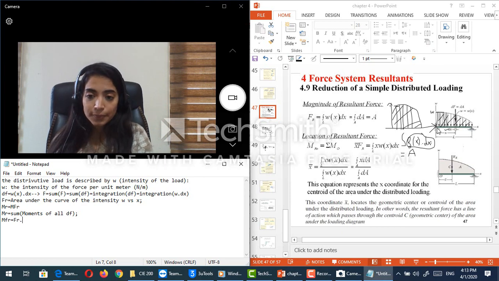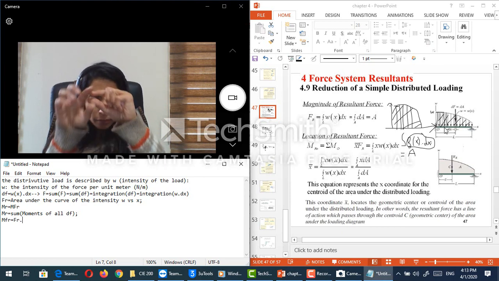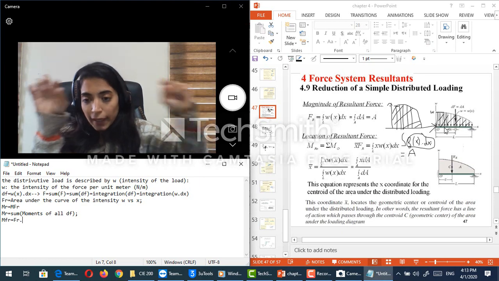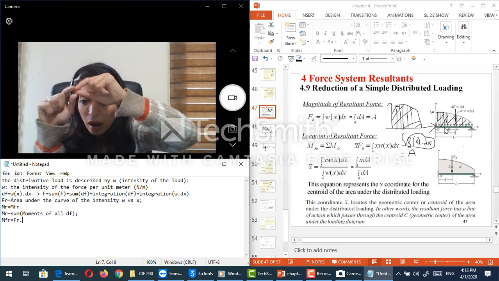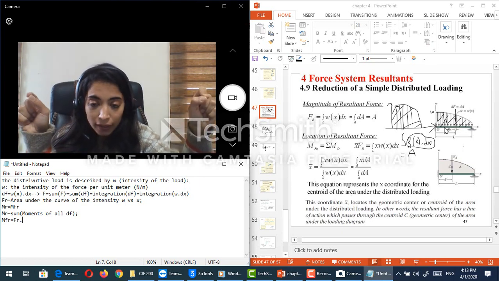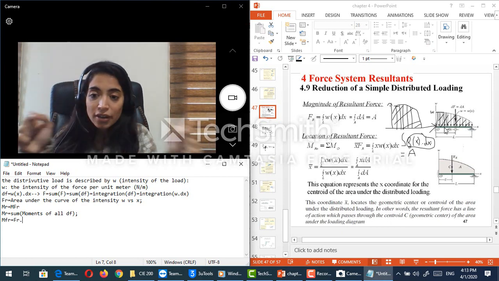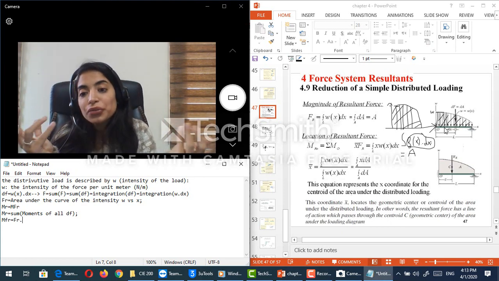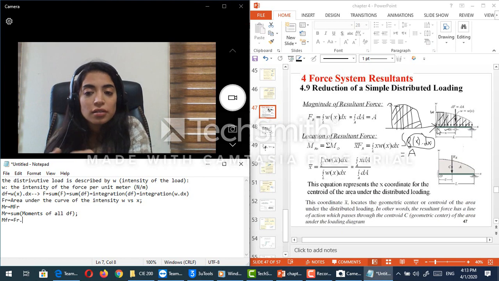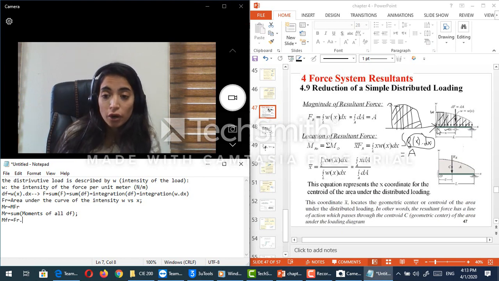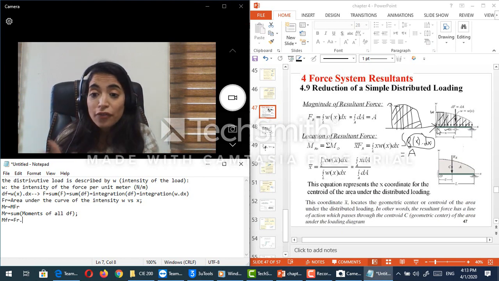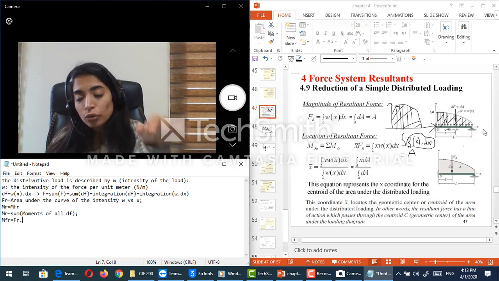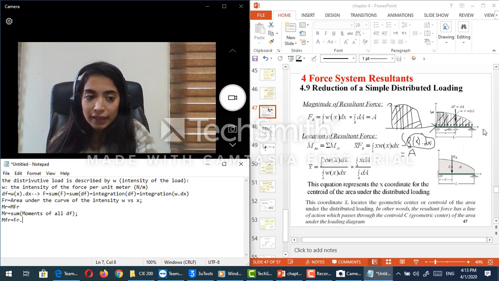Which means, if this is my beam, a slender beam, and I need to locate FR on this beam, how can I locate this FR? I should find X, which is the distance from O to this FR. So I'm assuming that this FR will be located on this beam to get rid of Y. Basically, I know that this FR should be located at some point here.